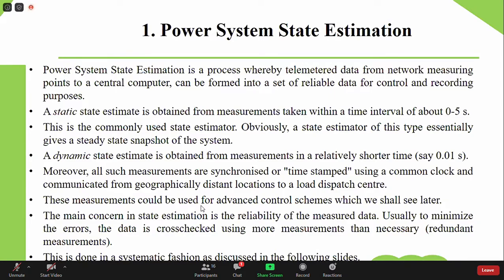If you get that, that type of power system state estimation is known as dynamic state estimation. Normally, the static state estimate will provide the steady state snapshot of the system.